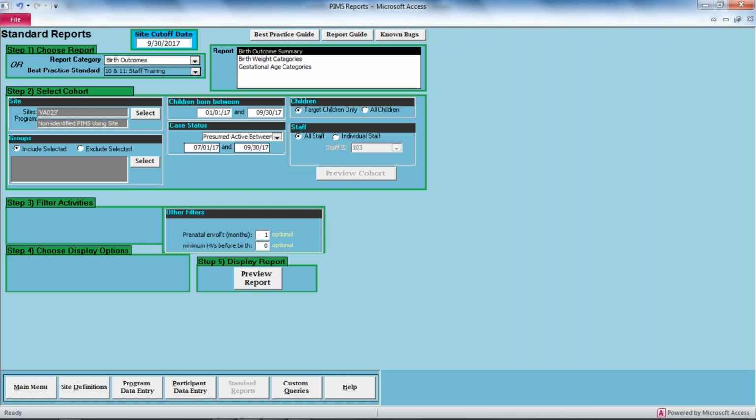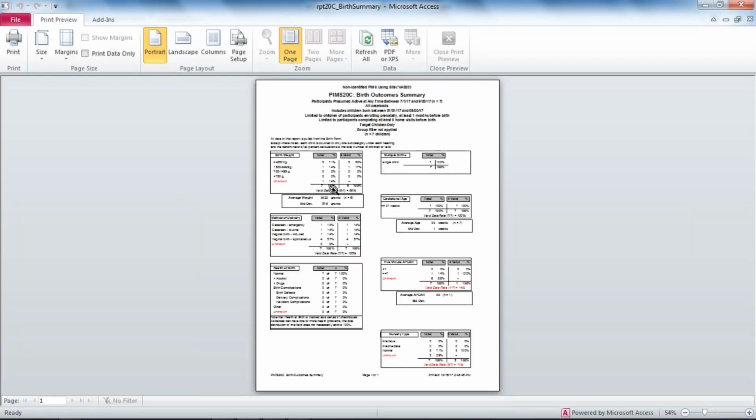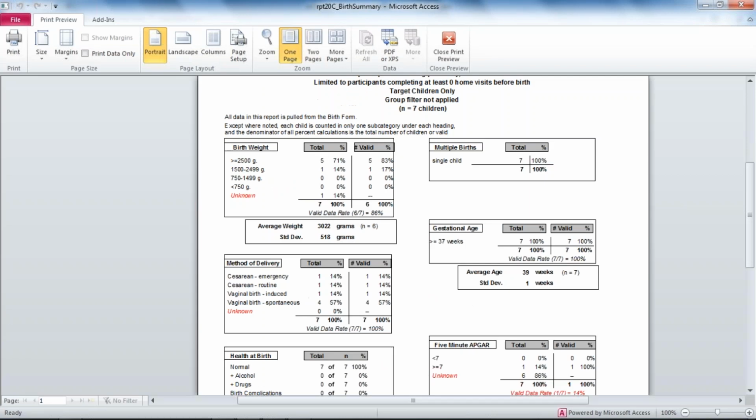Okay, so you run that, and for our purposes for reporting, we're looking at the percentage of children who were 2,500 grams or greater, and we exclude any missing data, so we use the valid column here.